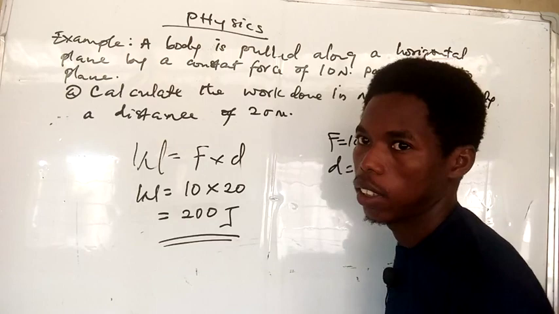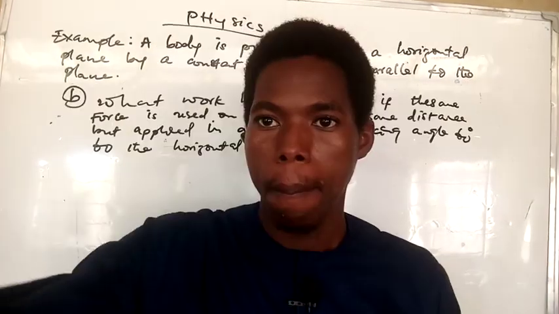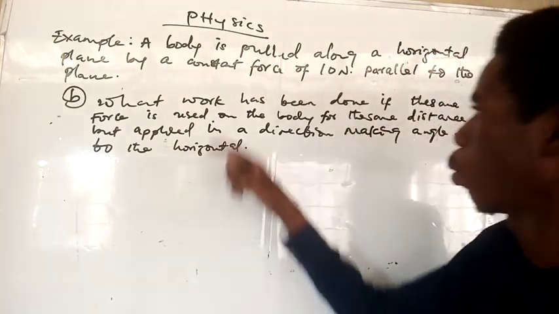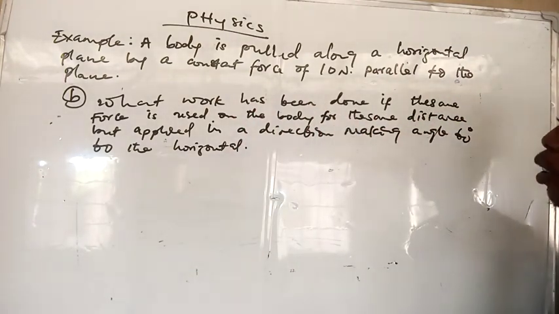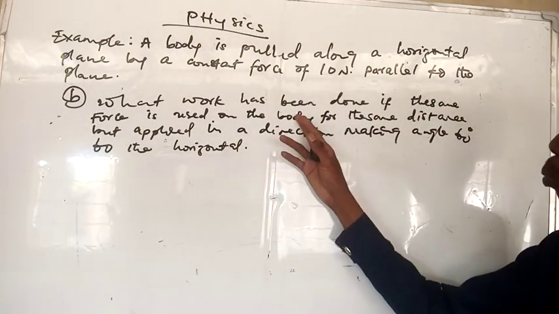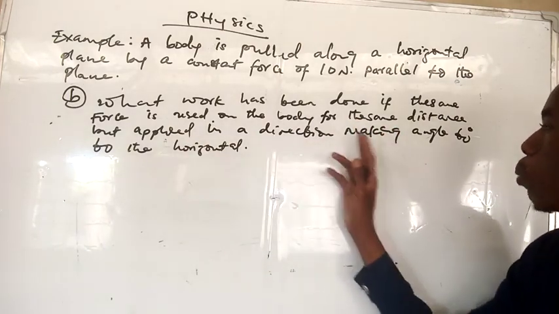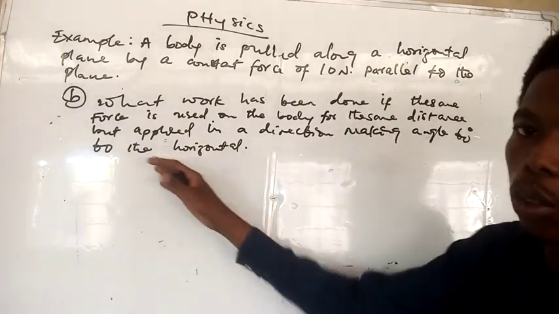We have another example to answer. Ga B part na question din namu. Aka ce what work has been done if the same force is used on the body for the same distance but applied in a direction making angle 60 degree to the horizontal.